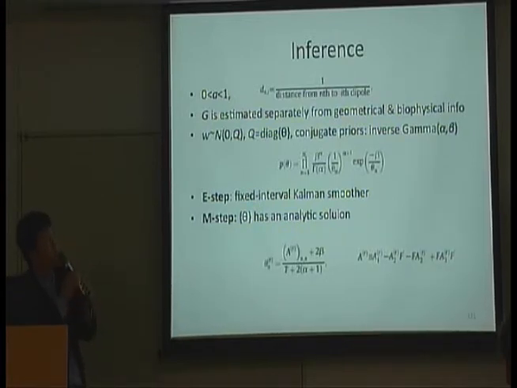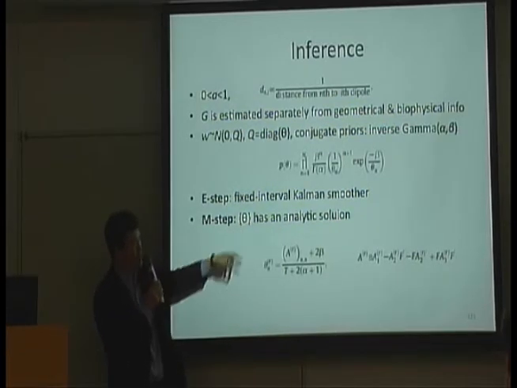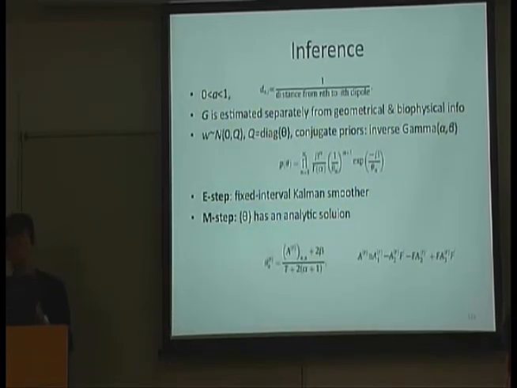The technical details I won't be able to show you, but generally it's like an EM algorithm that runs Kalman smoother once you have the state equation, and then you just update theta. Fortunately for this problem, you have a numerical solution, just as we expected for the conjugate prior.